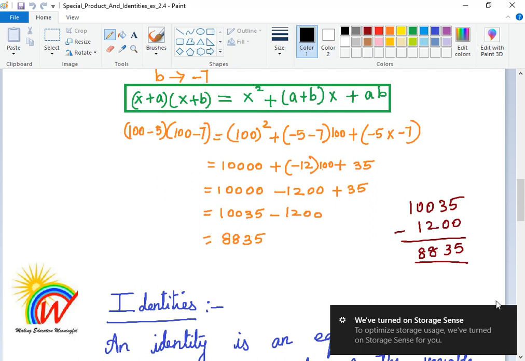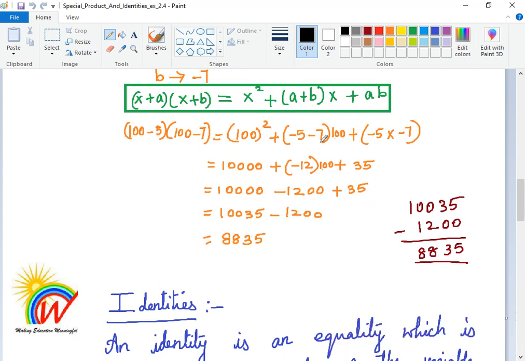So you have a minus 12 over here multiplied by 100 again, and then plus 5 into 7 is 35, minus into minus is plus, so you will keep it as plus 35 itself. So now you have got 10,000, 12 into 100 is 1,200, so you have a minus sign here, so write minus 1,200 plus 35. Now add 10,000 plus 35, that's going to give you 10,035 minus 1,200. So subtract it, then you will get 8,835. That's the answer.